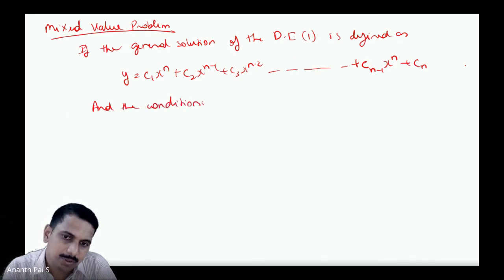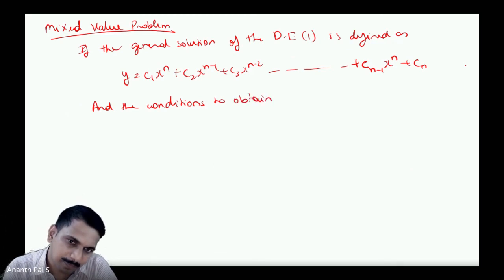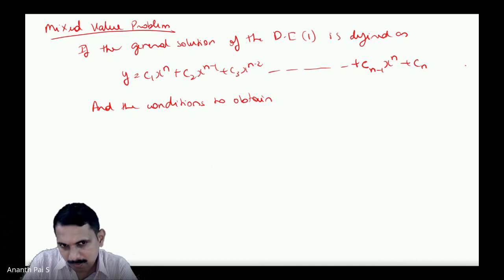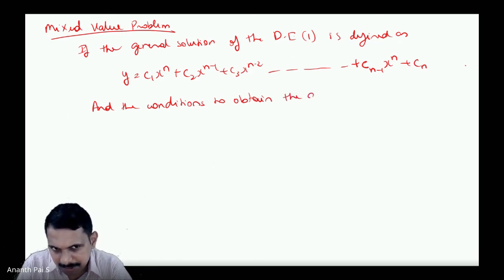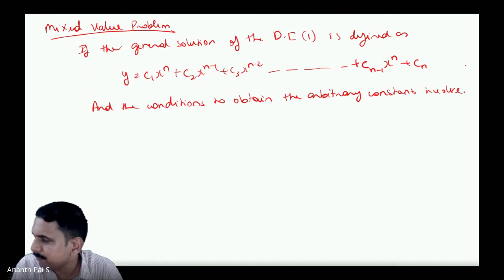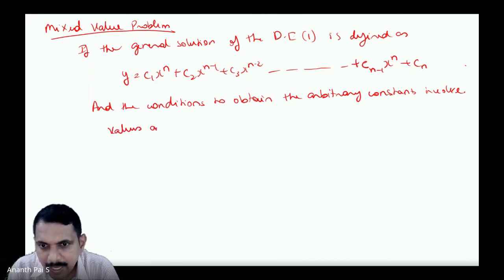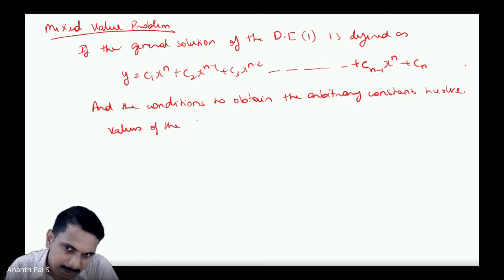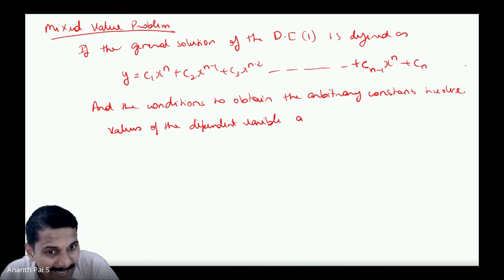And the conditions to obtain the arbitrary constants involve values of the dependent variable and its derivatives.